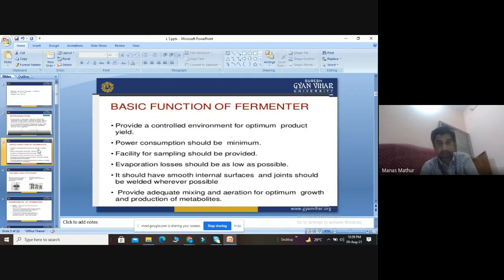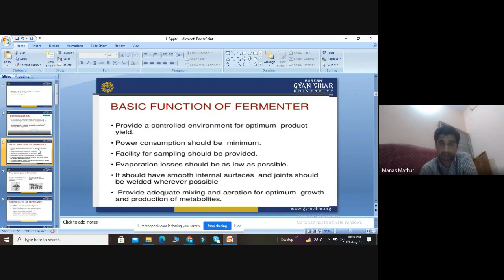Now, first of all, we discuss the basic function of the fermenter. What is the need of designing the fermenter? It provides a controlled environment for optimum product yield.